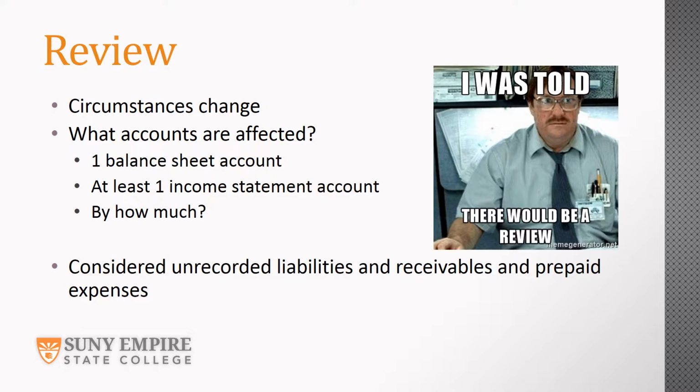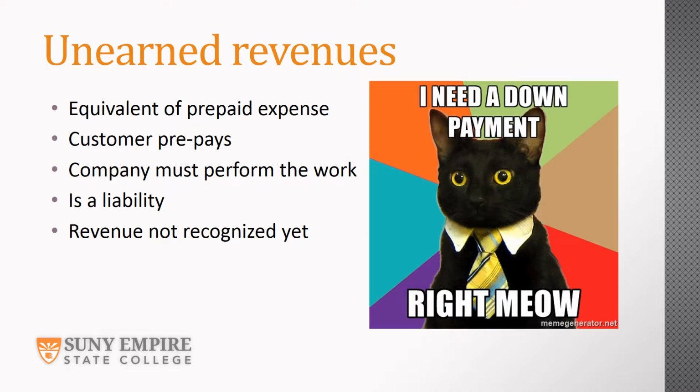We look specifically at unrecorded liabilities and receivables, and also prepaid expenses. An additional situation that requires adjusting entries are unearned revenues. Unearned revenues are very similar to the prepaid expenses we considered in the previous resource. A customer pays in advance for some goods or services.